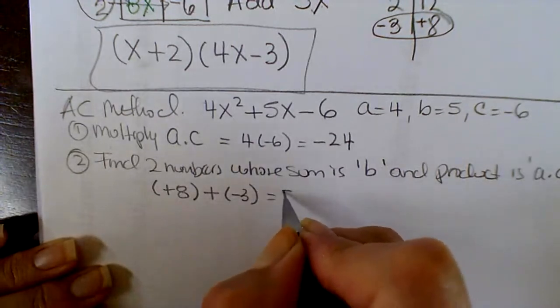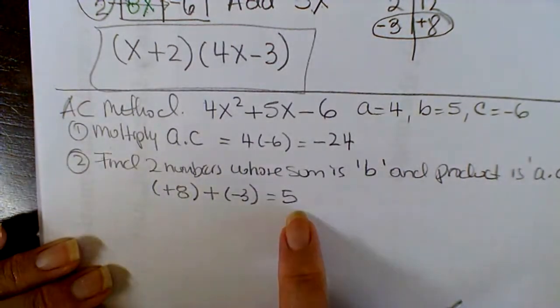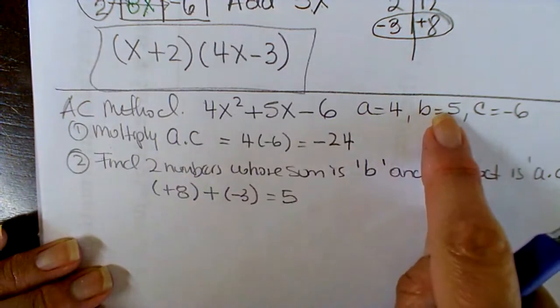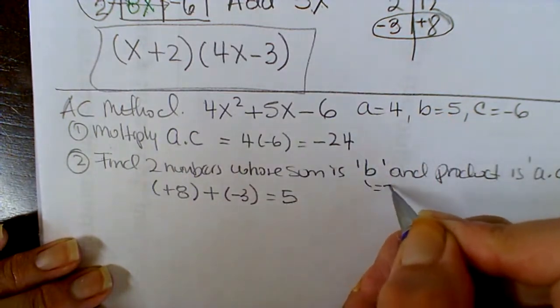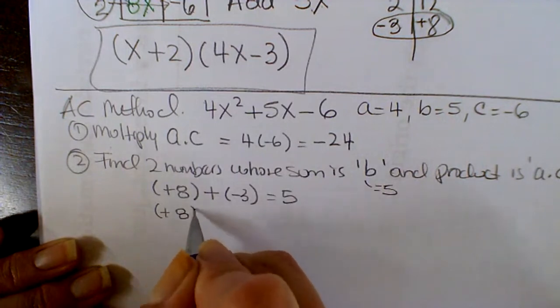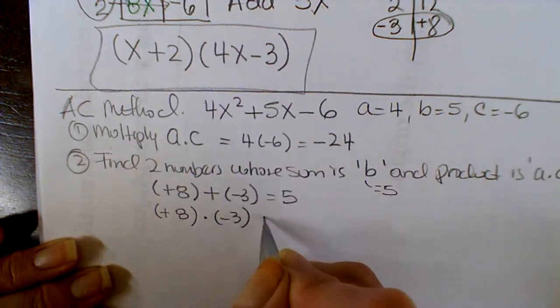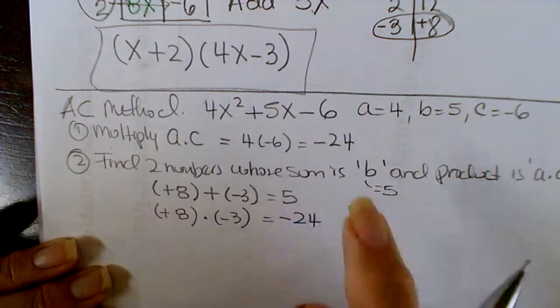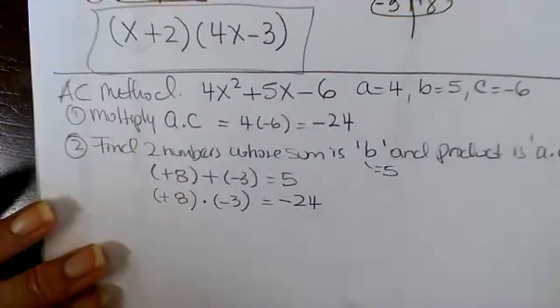That will give me b equals 5. And the same two numbers, when we multiply them, I get negative 24, that was my AC.